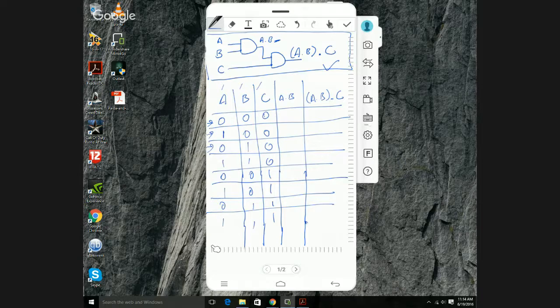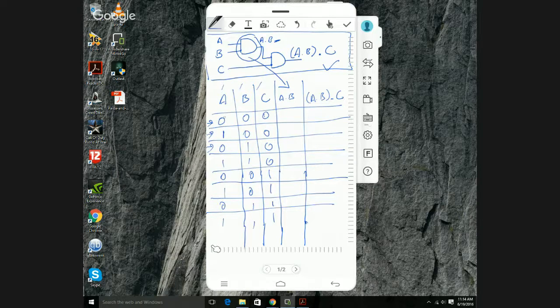So you can simply answer me what will come here, A dot B. What is happening here? Can you tell me? Basically, that is the AND gate. If all the inputs are 1, only then we are going to get 1 in this row.